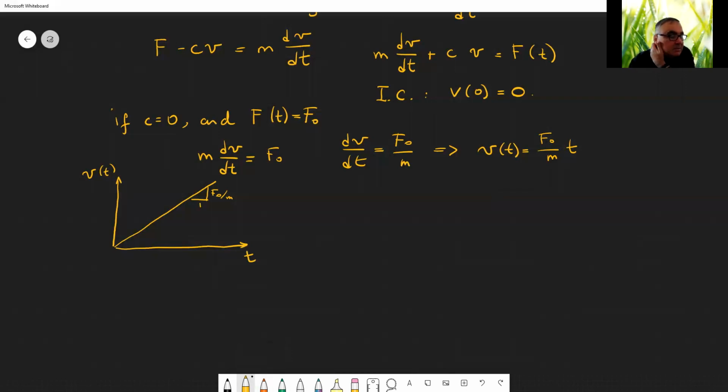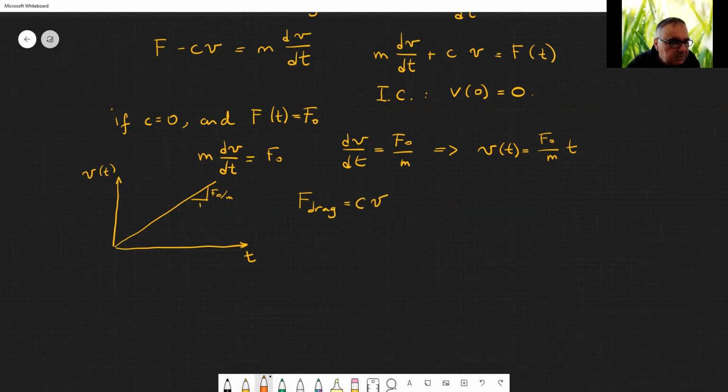According to this model with no resistance, the velocity will increase up to infinity, which doesn't happen, obviously. What happens is, as the velocity increases, the air resistance increases, because the drag force is proportional to the velocity of the car, C times V. C being a constant, it doesn't matter whatever it is, but it is a constant.